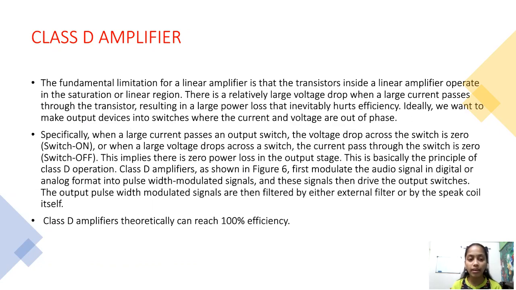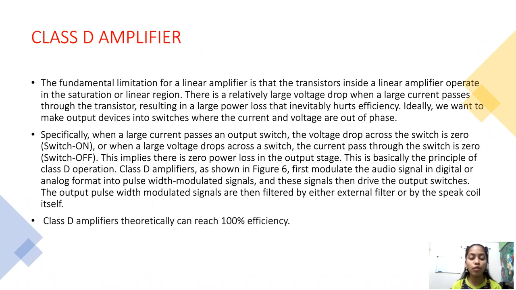Ideally, we want to make output devices into switches where the current and voltage are out of phase. Specifically, when a large current passes through the output switch, the voltage drop across the switch is zero, switch on. Or when the large output voltage drops across a switch, the current passing through the switch is zero, switch off. This implies there is zero power loss in the output stage.